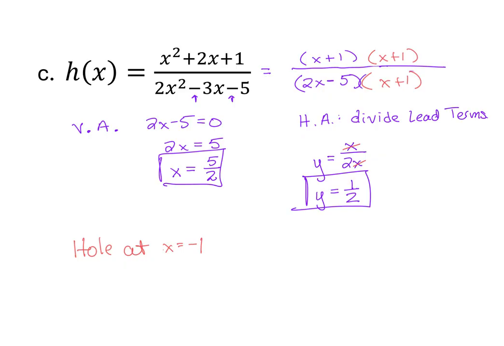We get -1 plus 1 over 2 times -1 minus 5, which is 0 over -7. So when we get to the graph, we're going to have an open circle at -1, 0, but everything else around it is going to be based on the simplified function.